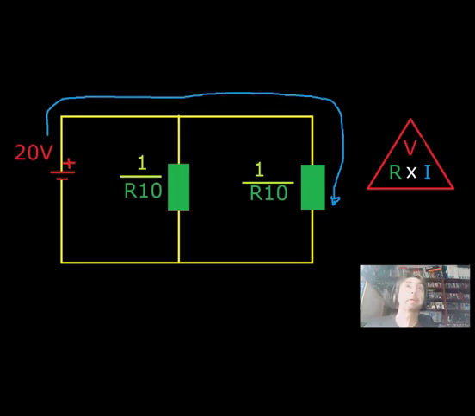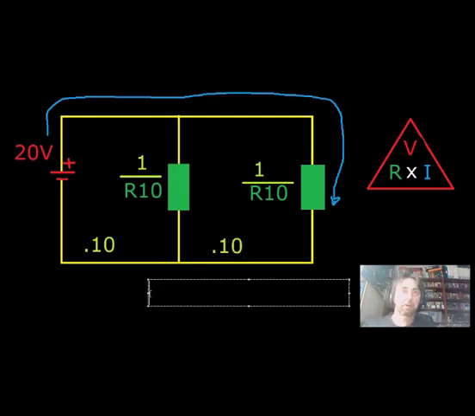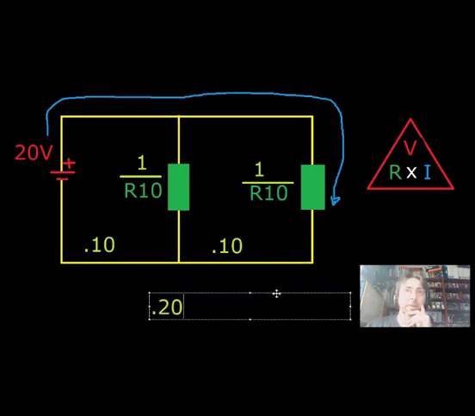So 1 over 10 gives us a value of 0.10, and we're going to add that with 0.10 to come up with a value of 0.20. Okay, so 0.20, but remember it's 1 over. So 1 divided by 0.20 would give us a total resistance of 5 ohms.